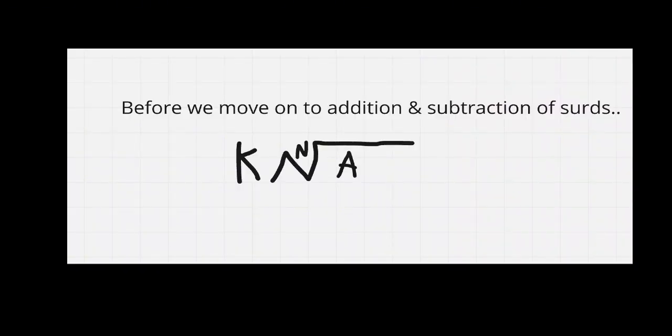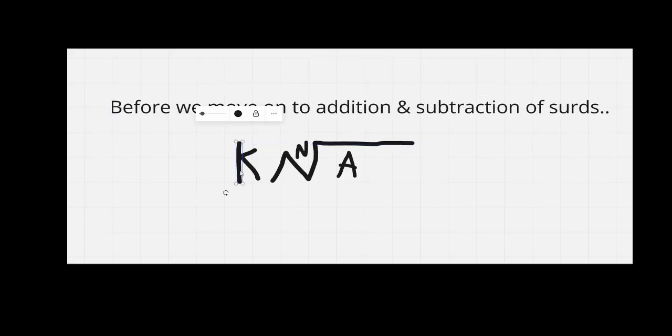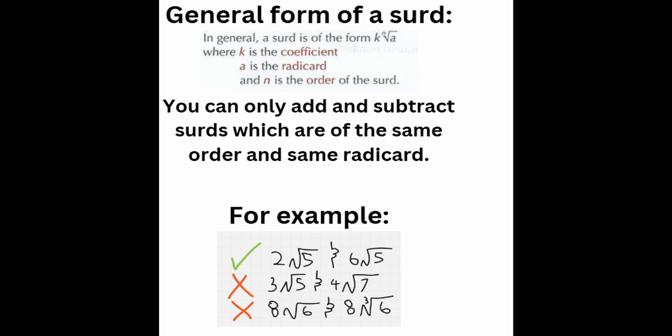Okay. Before we move on to addition and subtraction of surds, I think it's very important to understand what the general form of a surd is. Okay? This is the general form of a surd where k is the coefficient, n is the order of the surd, and a is the radicand. Okay, this is the very next thing you would need to know for surds.